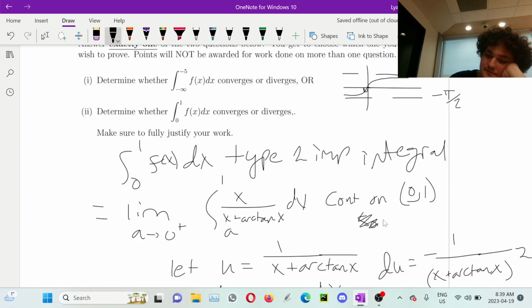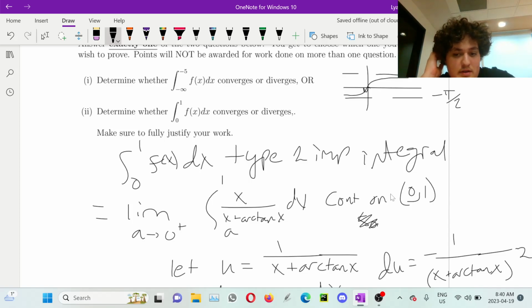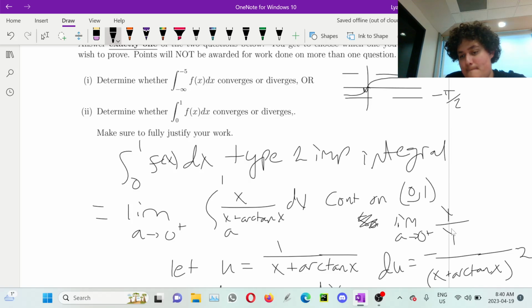And then we also know that the limit as a approaches 0 plus of this here, the slope is just 1.